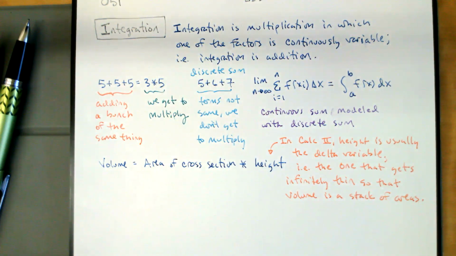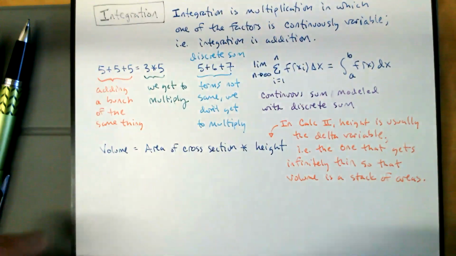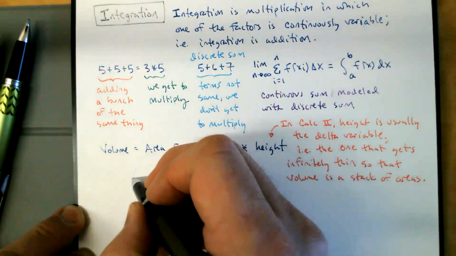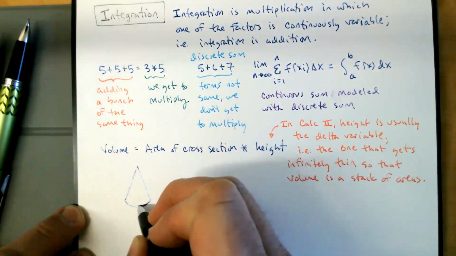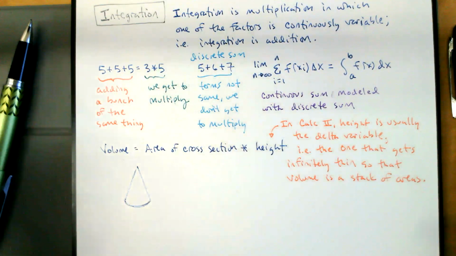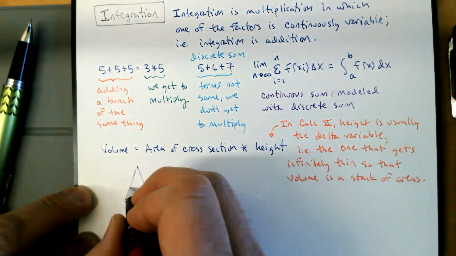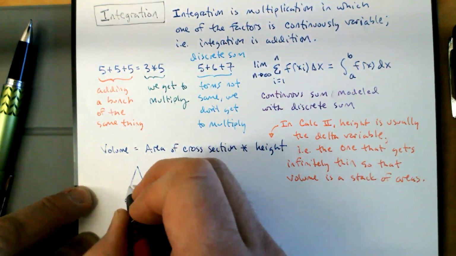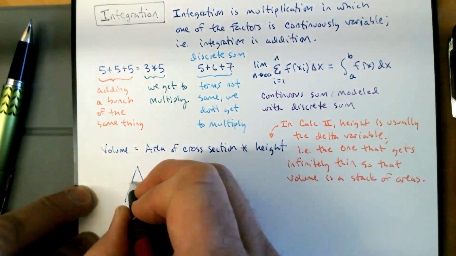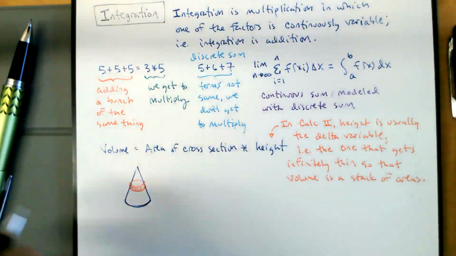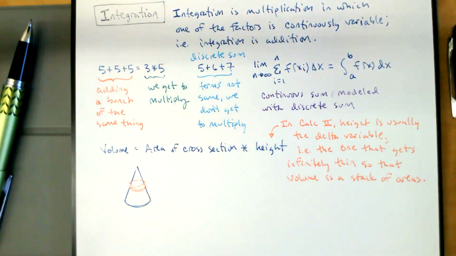If you'll recall, we do things like find the volume of a cone, even though we know what the volume of a cone is. We're going to imagine the cone as a bunch of cylinders. The cone is just going to be a stack of cylinders.